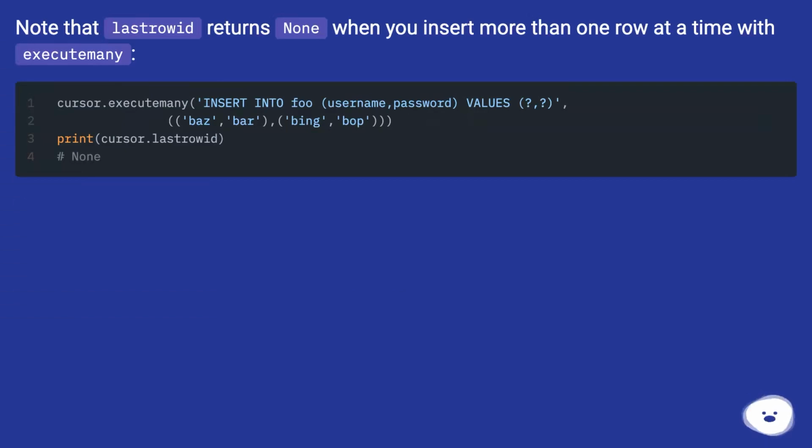Note that lastrowid returns None when you insert more than one row at a time with executemany.